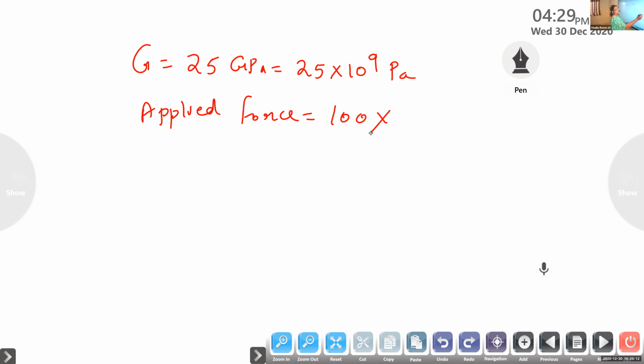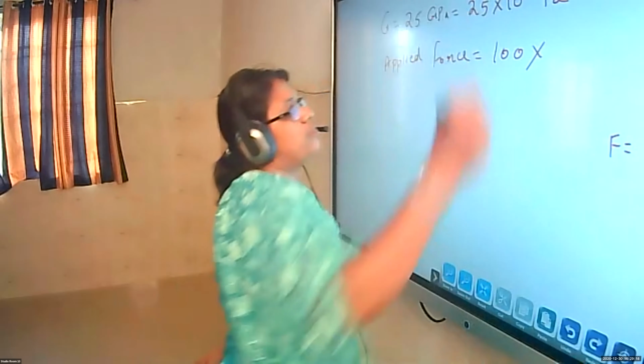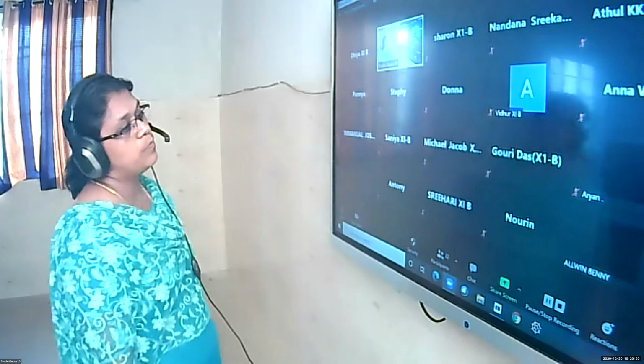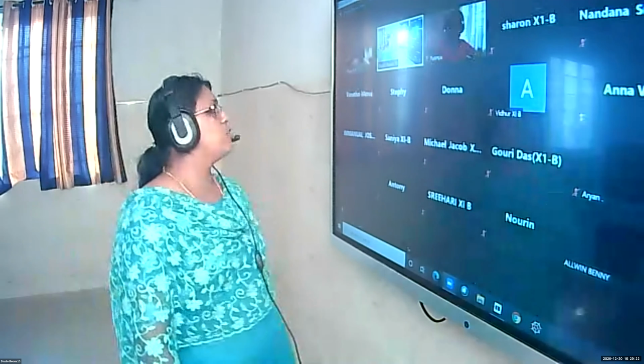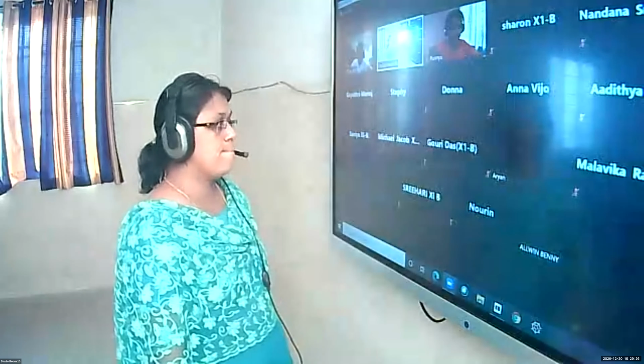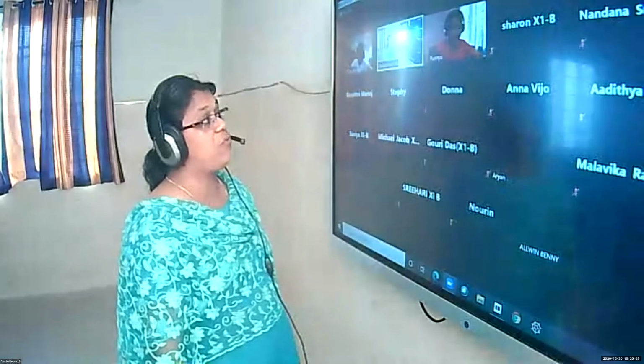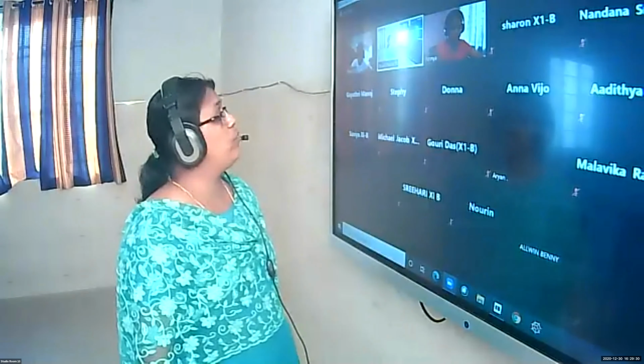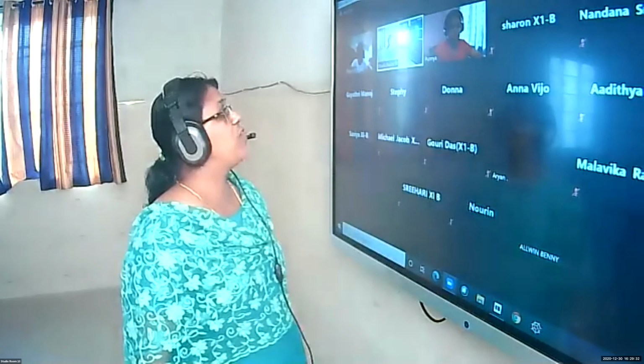How can you convert the mass into force? If you want to change mass into force, what should we do? How can you find out the weight? Tell me, Punya. How do we find the weight of an object?